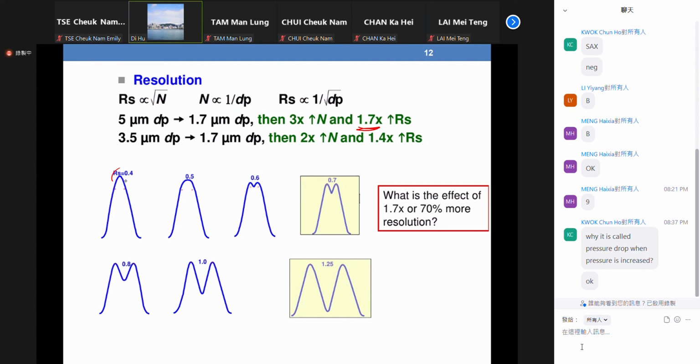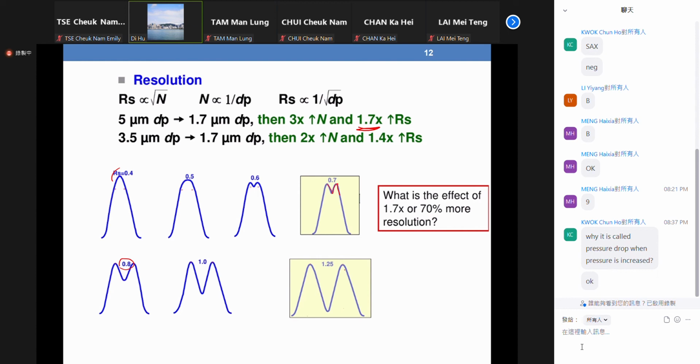When it increased by 1.7 times, it is about 0.7, and now we can see at least there are two peaks. This is what the two peaks look like when the resolution equals 0.8. When it increased by 1.7 times, at 1.25 the two peaks are already well separated. So this is the meaning of that.